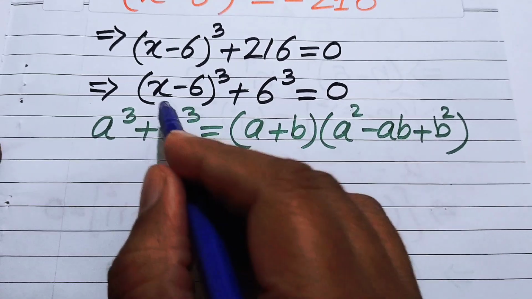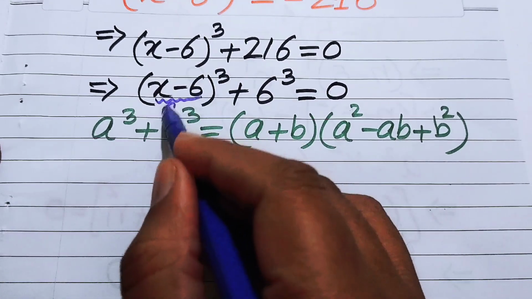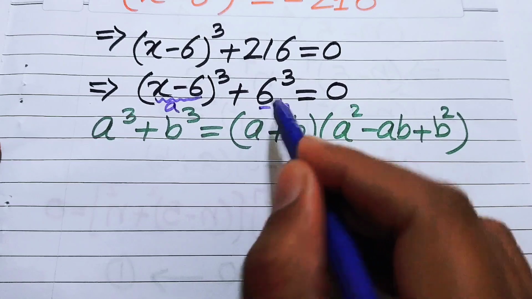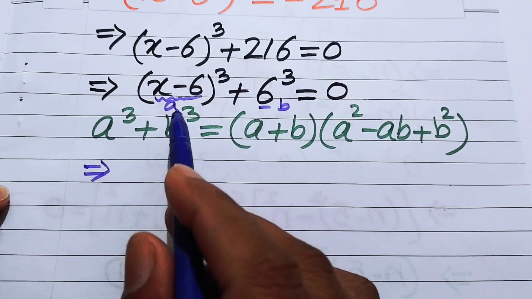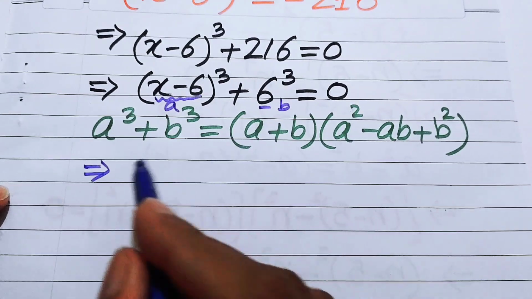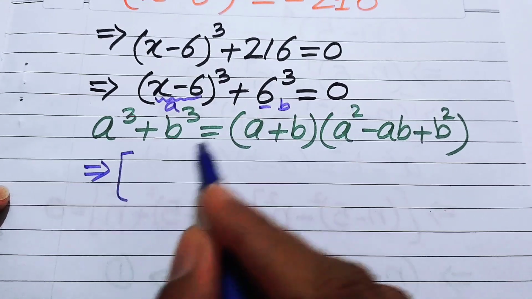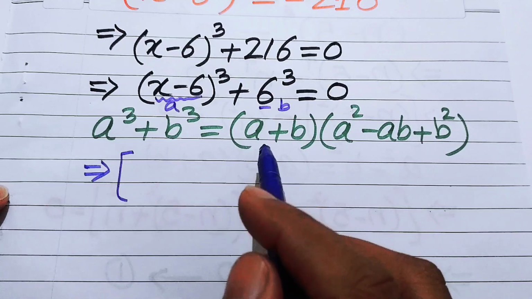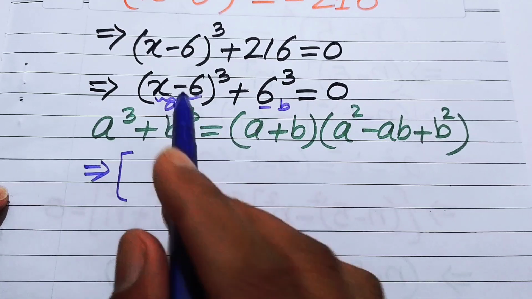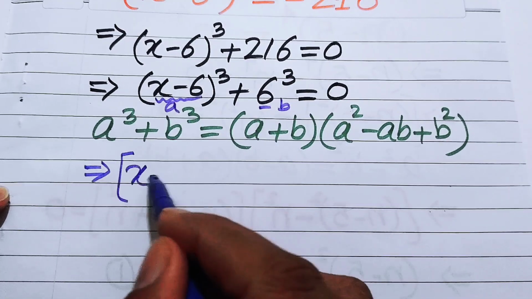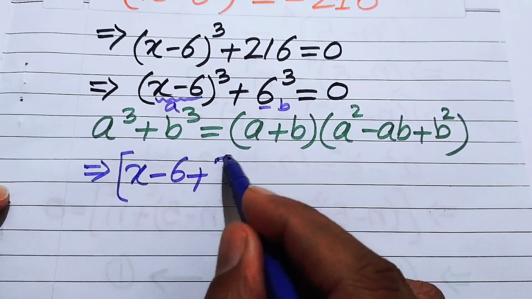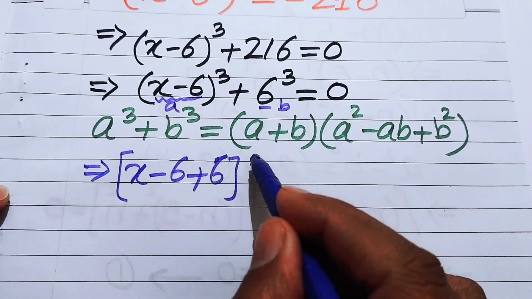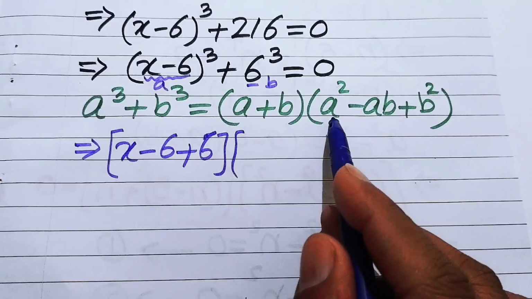Here we have x minus 6 as the value of a and 6 as the value of b. Now we substitute the values of a and b in this cubic formula, and you get the output in this form. First we have a plus b, so here our a is x minus 6, plus b, and our b is 6, and it is multiplied by a squared.